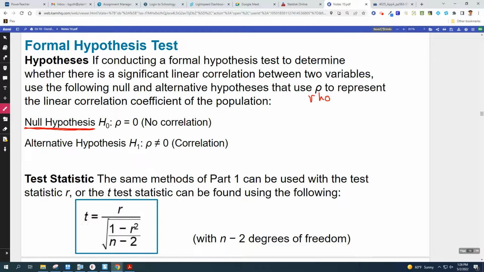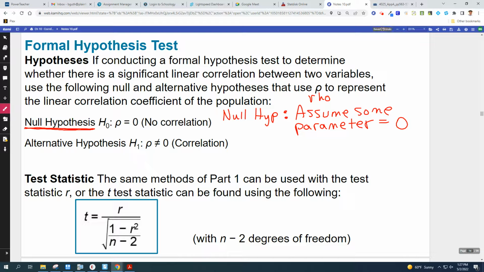Null hypothesis is going to assume some parameter equals 0. So a lot of the times that's the mean.